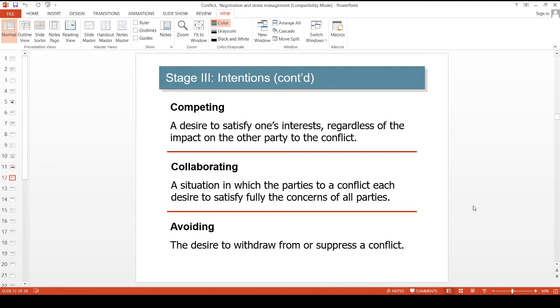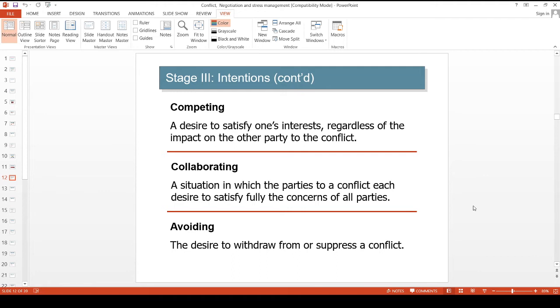The other intention is collaborating. It is a situation in which the parties to a conflict each desire to satisfy fully the concerns of all the other parties. This is a cooperativeness sort of intention.